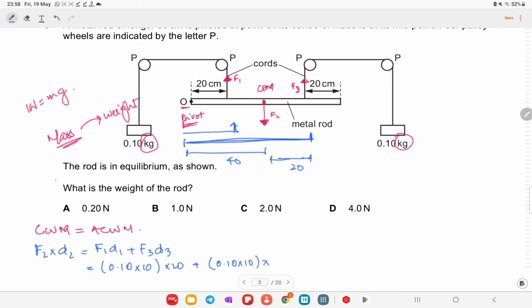So 40 plus 20 is 60. Over here for F2, you need to find out F2, and the distance is 40. So if you do the calculation, you will end up with 20 plus 60, and this is F2 times 40, and this is going to be 80, so 40 F equals 80, F equals 80 divided by 40, which is going to be 2 newtons. So option C would be your right answer.